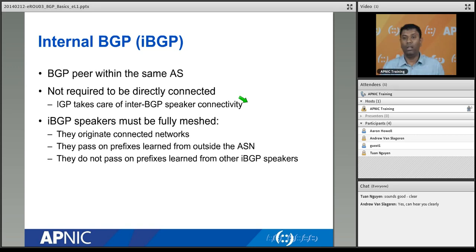That's the default rule. If via iBGP router C learns any route, it will not forward that route to any other routers within the infrastructure or any other iBGP peer. Why? Because router C knows that updating router B with the prefixes learned from router A is router A's job, to talk to it directly, right? So that's the default behavior in iBGP. Any question so far?